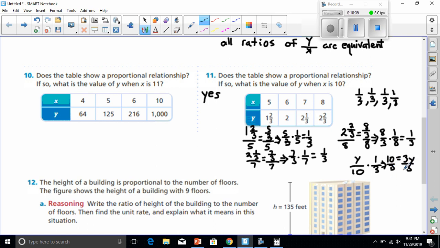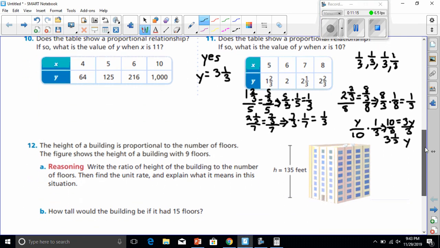And now I see that y has to equal 10/3, which is really 3 1/3. All right, 10/3, 3 goes into 10 3 times with 1 left over. So the value of y equals 3 1/3. That should take care of number 11.